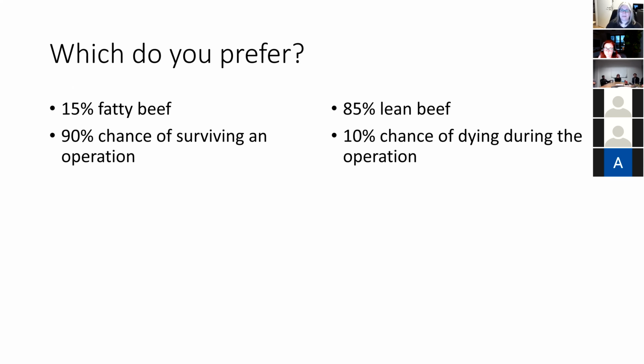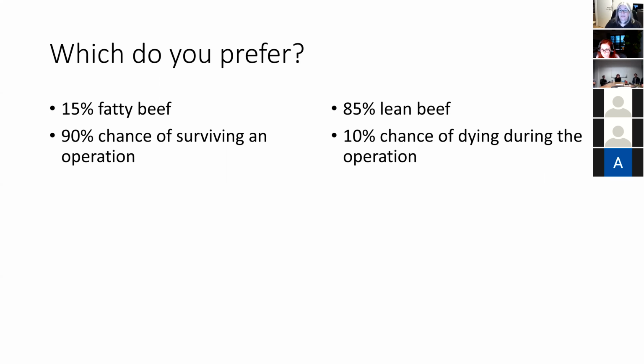If you frame it in the positive way, a 90% chance of surviving versus a 10% chance of dying. Nobody wants to hear the word dying when you're talking about an operation. Literally, the doctor doesn't even want to use this word, right? Well, you have a 10% chance of dying. It sounds awful, right? But it's the same thing as a 90% chance of surviving an operation. But how it's presented is a frame, right?